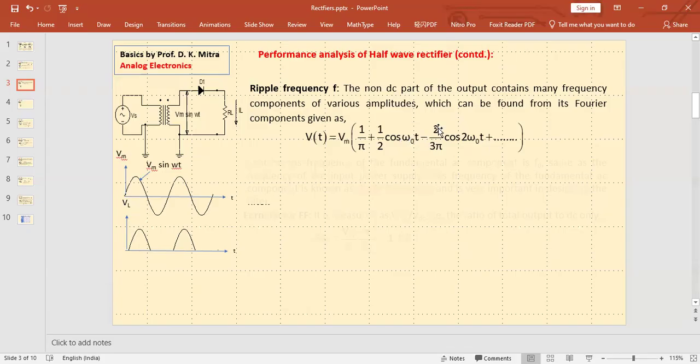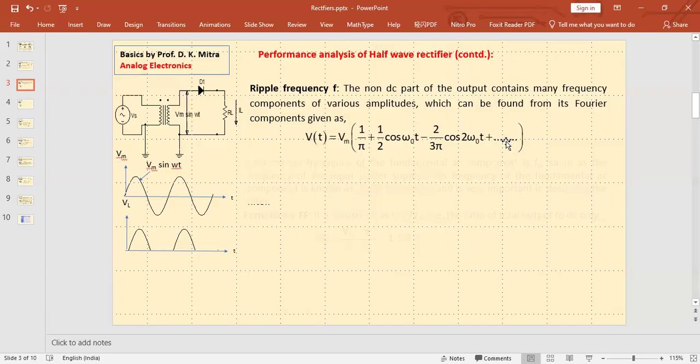Then minus 2 by 3 pi cos 2 omega 0 t, plus it continues like that. So this half-wave rectifier has a DC component Vm by pi, an AC component of omega 0 t, an AC component of 2 omega 0 t, an AC component of 3 omega 0 t, and continues like that.